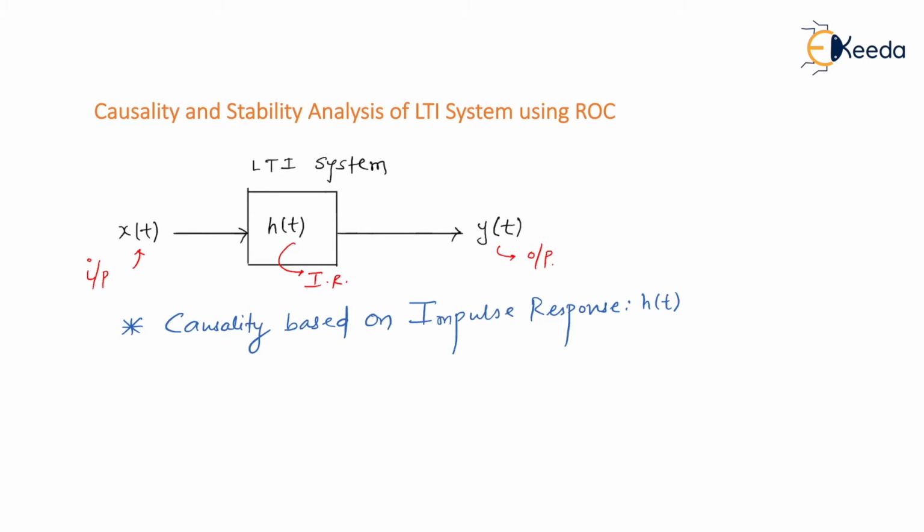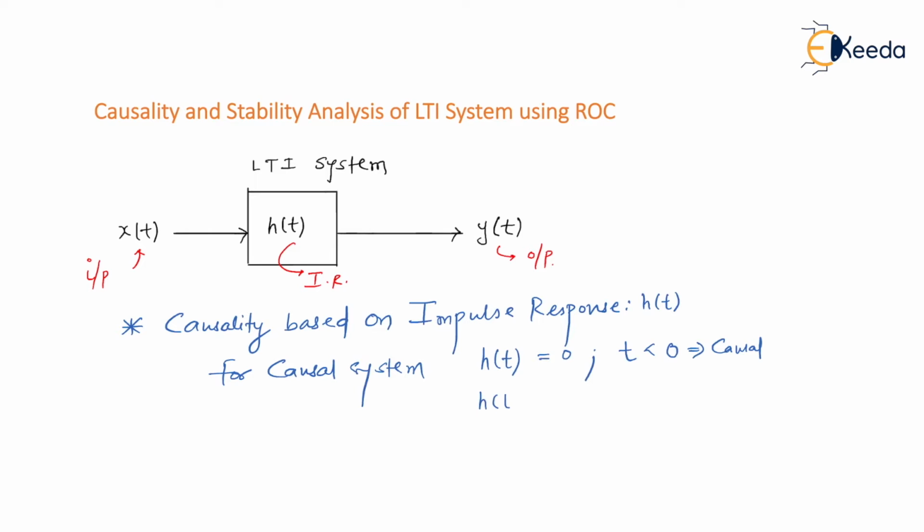So mathematically, I can write, for a causal system, h of t must be equal to 0 for t less than 0. Otherwise, the system is said to be either non-causal or anti-causal. So please remember, this is for a causal system.